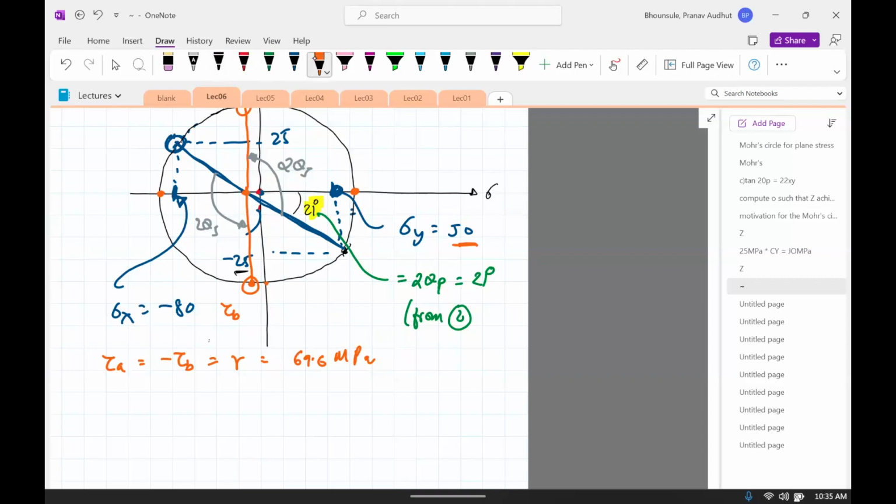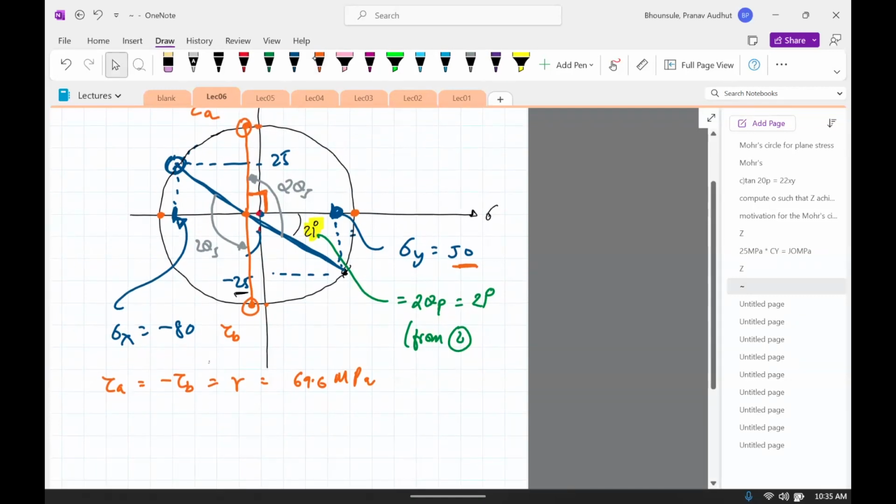And we also know that this angle is 90 degrees, you can just see from the figure. So 2 theta s has to be 90 plus 21 degrees.